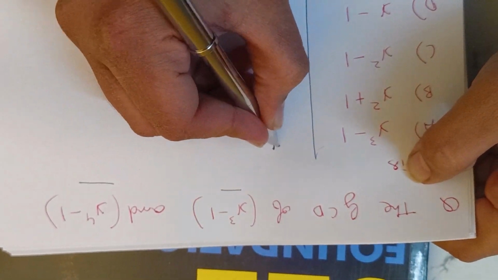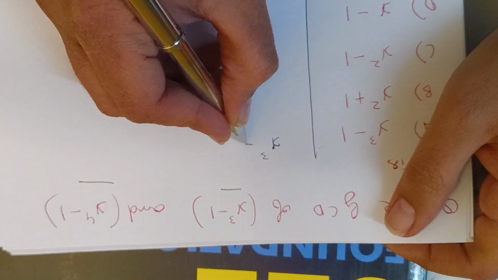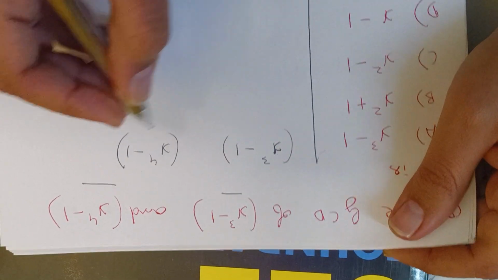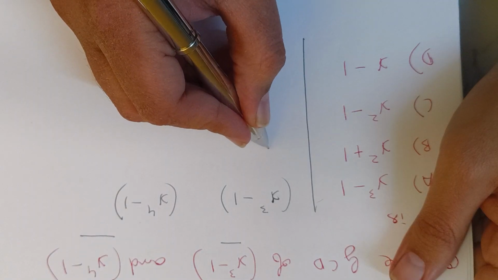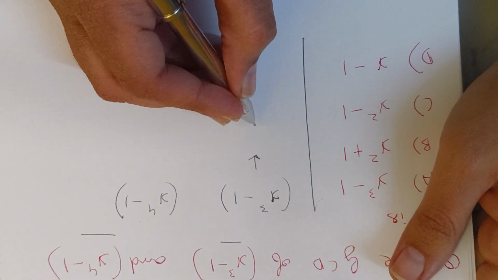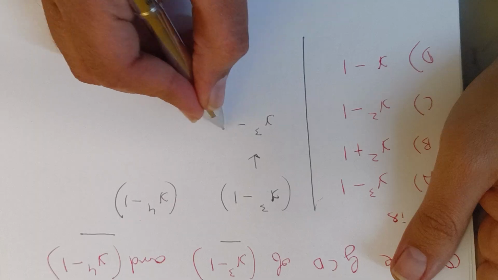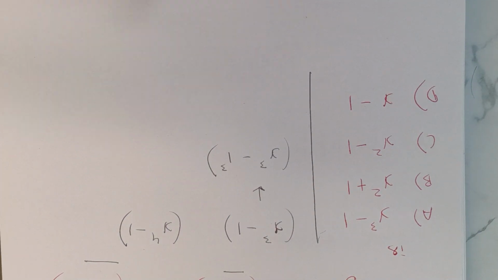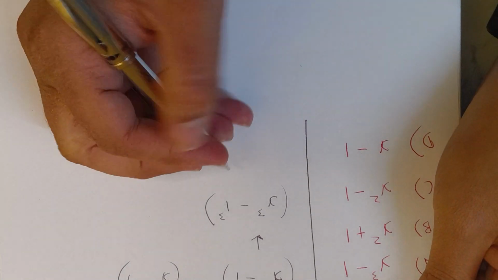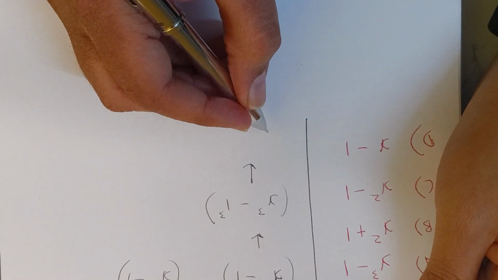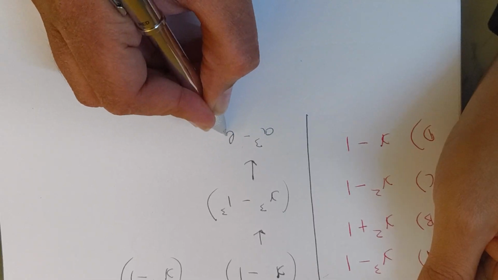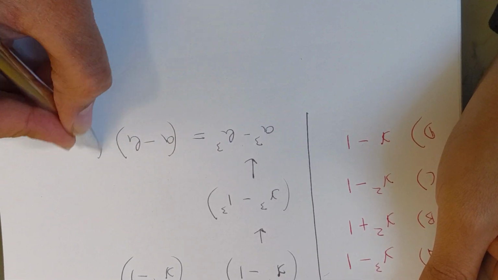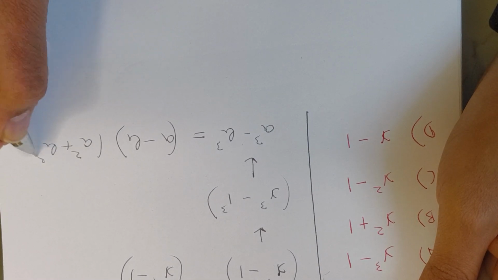So we have x cube minus 1 and we have x4 minus 1. In x cube minus 1 we can write this as x cube minus 1 cube, which is a cube minus b cube, and so we can factorize this through the formula a cube minus b cube, which is a minus b into a square plus b square plus ab.